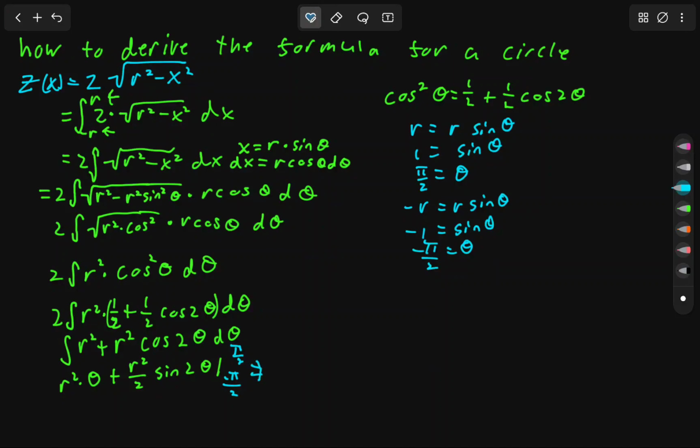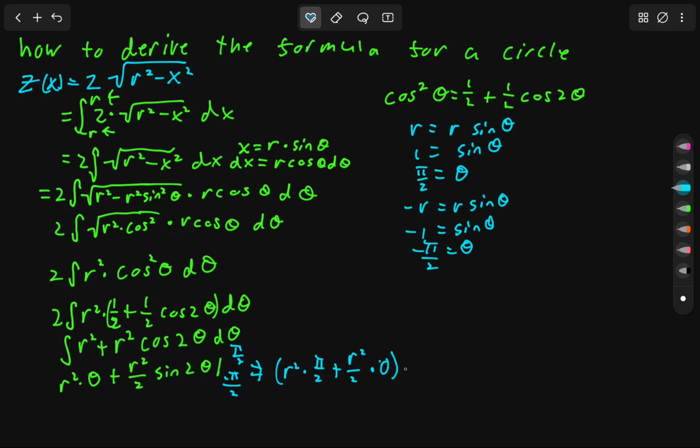So we're going to plug in these values. So we get r squared times pi over 2 plus r squared divided by 2 times sine of 2 times pi over 2, which is just going to be 0, so that's easy.